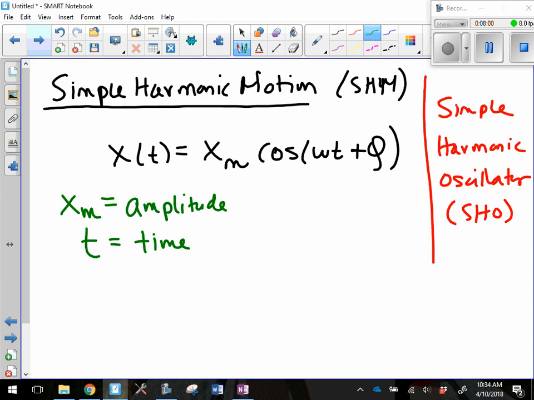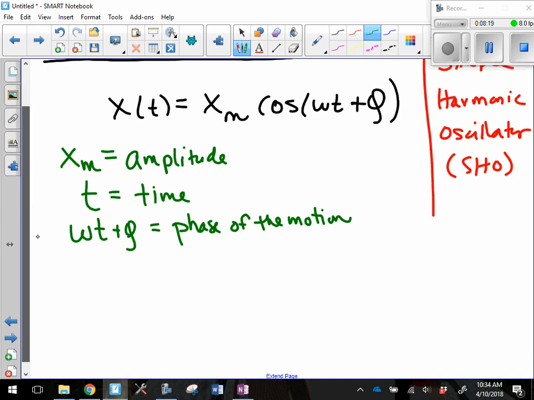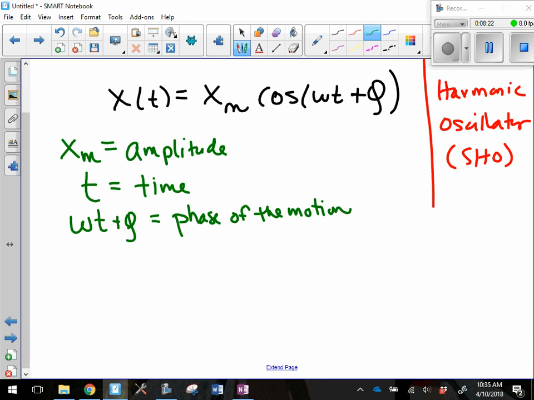Those are the easy ones. Omega t plus phi is what we call the phase of the motion. And omega is the phase constant. I'm sorry, phi is the phase constant.